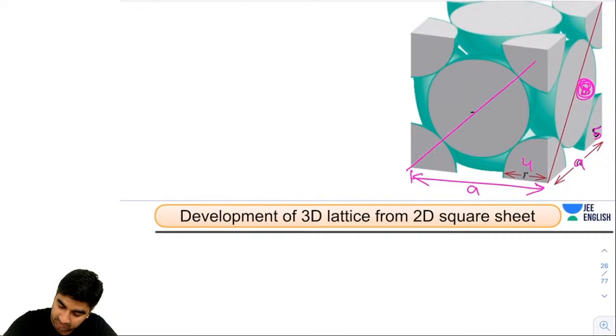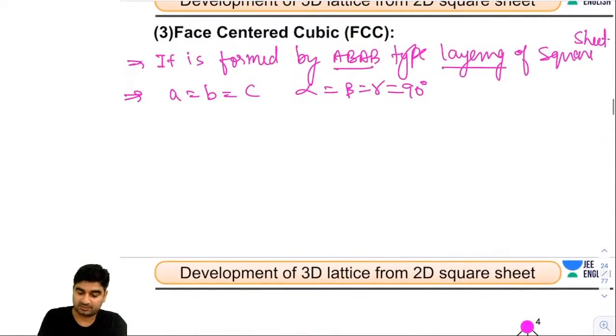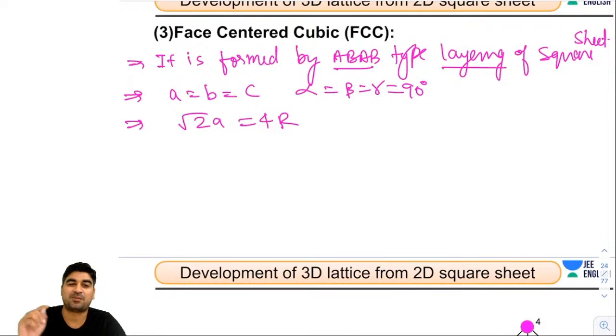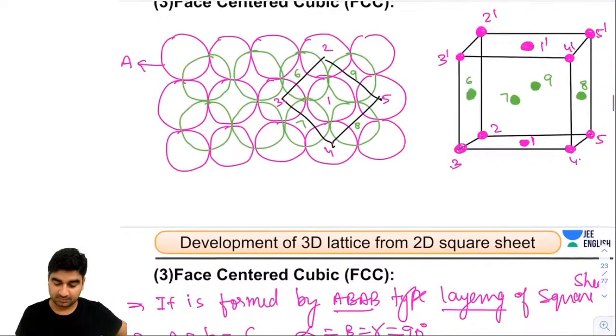So guys, this length would be root 2a. It is r, it is r, it is r, it is r. So root 2a will be equal to 4r. Very important relationship. I just told you in the beginning of the class. Even IIT JEE has asked this relationship in the mains. Note it down. Right?